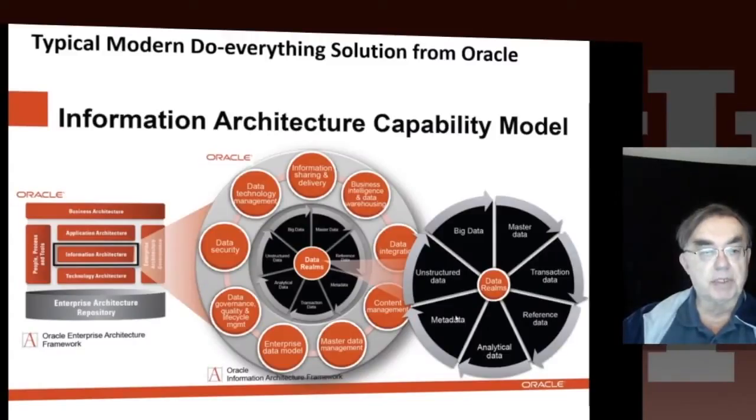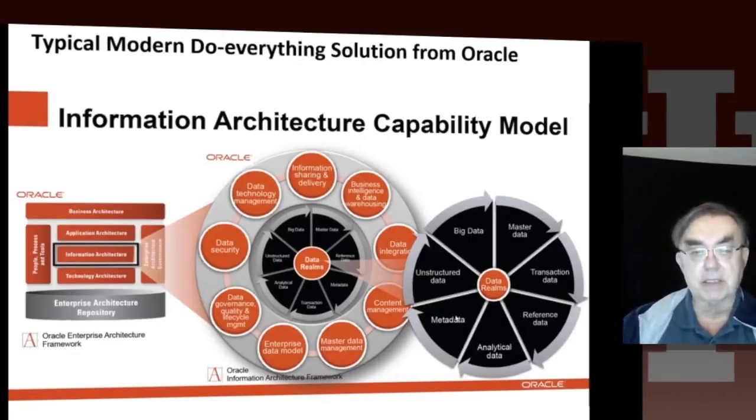Here's the same picture from Oracle, because IBM has DB2 as its database. Oracle has the Oracle database, which obviously both of those are leading products in the field. And again, Oracle says it does big data and transaction data and metadata and unstructured data.